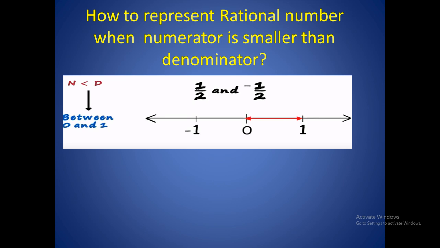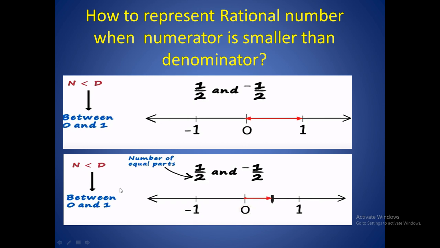For example, 1 by 2 is a positive rational number and it is also proper, so it will lie in between 0 and 1. And if it is a negative rational number and it is proper, then it will lie in between 0 and -1.